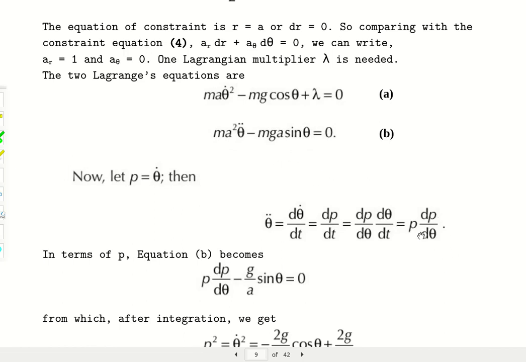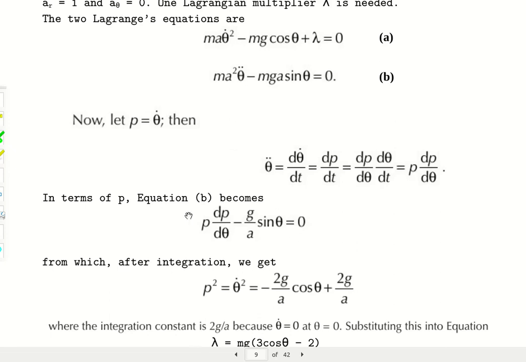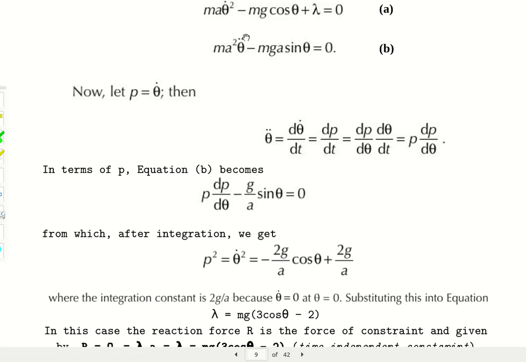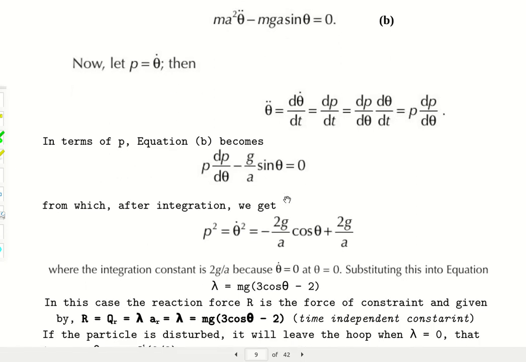You put this in this equation b, where b will assume this form, and this can be integrated very easily, because this equation cannot be integrated so easily in terms of theta. So we take advantage of p here, and it can be integrated.